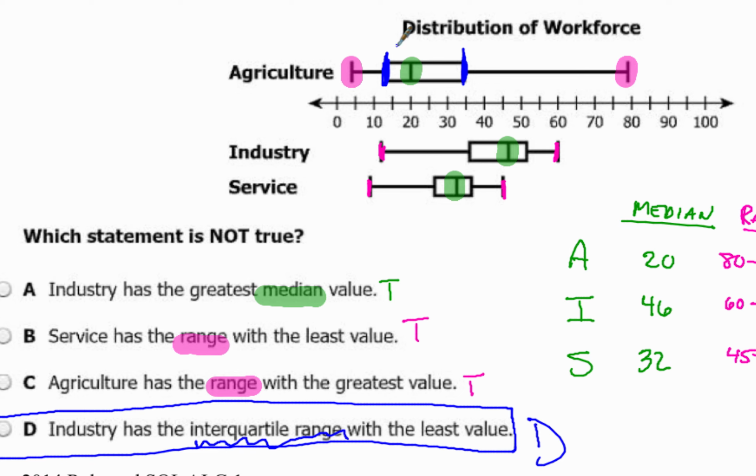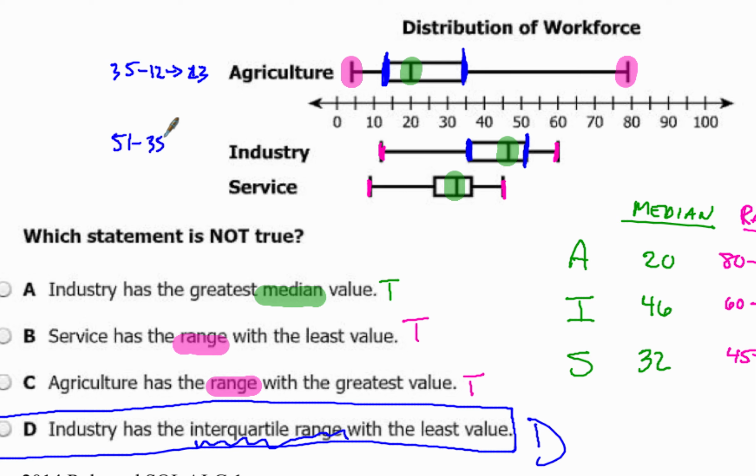For agriculture, that's going to have a high of 35 and then go all the way down to maybe like 12. So the interquartile range for agriculture is 23. Now when I look at industry, it goes from about 35 to a little bit more than 50, say 51.